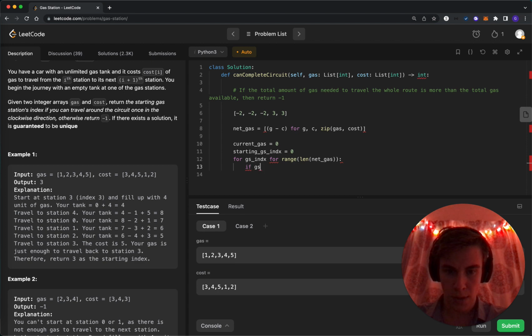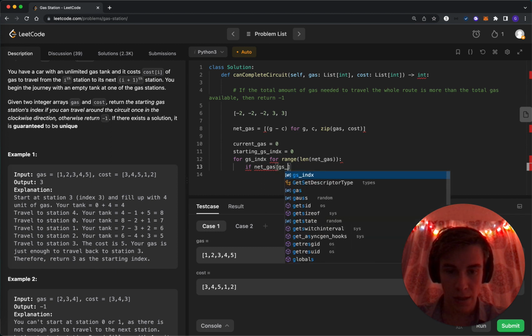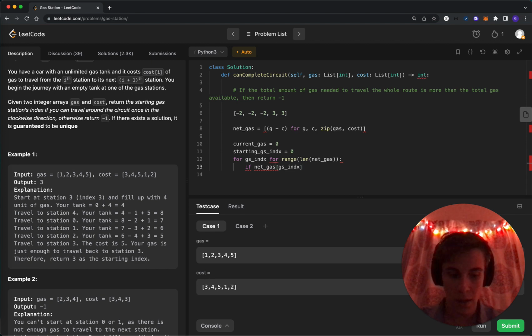So, thinking out loud, if the net gas that I have at this index is smaller than 0, meaning that I'm losing gas starting at this gas station, don't have this be the starting index.